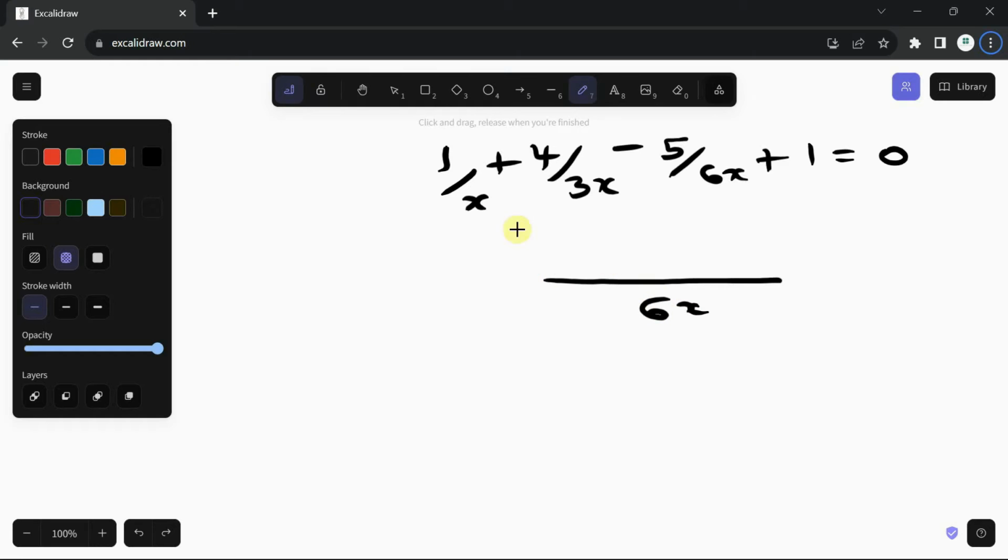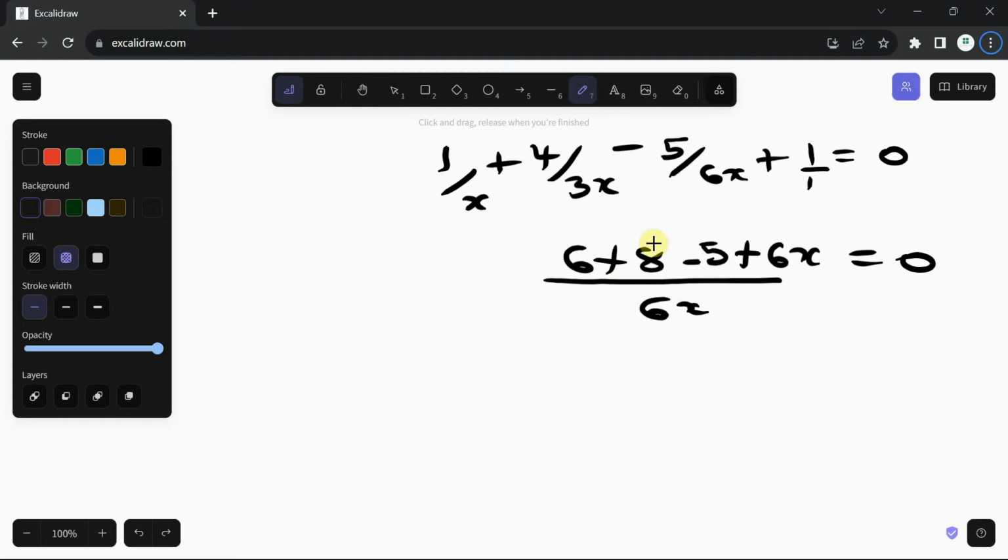So 6x divided by x is 6 times 1, that would be 6, plus 6x divided by 3x, that is 2, times 4, that is 8, minus 6x divided by 6x, that is 1 times 5, which is 5, plus, so this 1 seems to say 1 over 1. 6x divided by 1 is 6x, times 1, that is 6x, which is equal to 0, right?